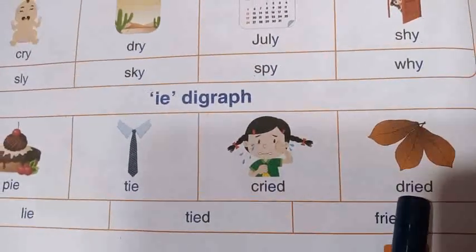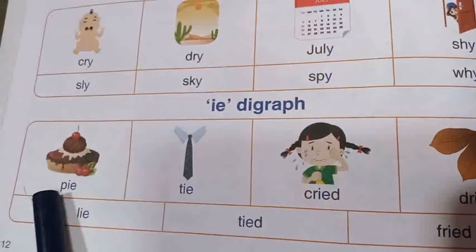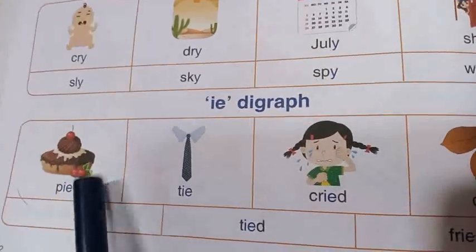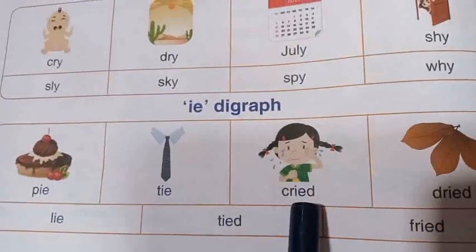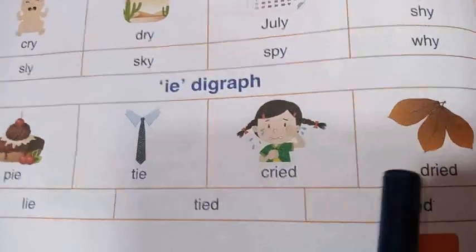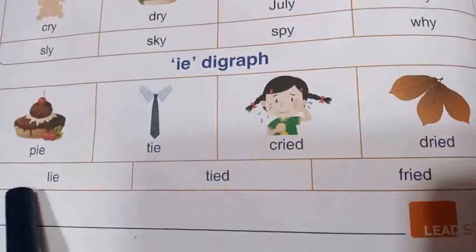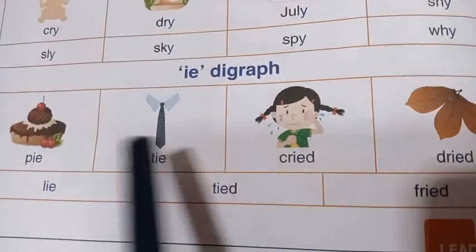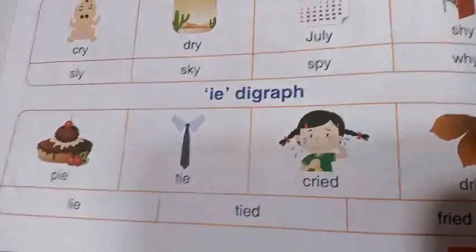Dried, dried. Once again, I will read this as it is. Pie, tie, cried, dried. So here are some words related to the IE digraph. You have to try to read this. Okay, children? Yes, this is oral class.